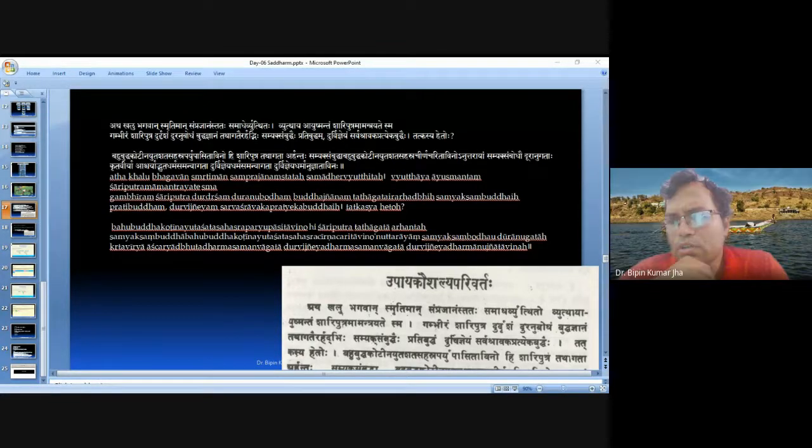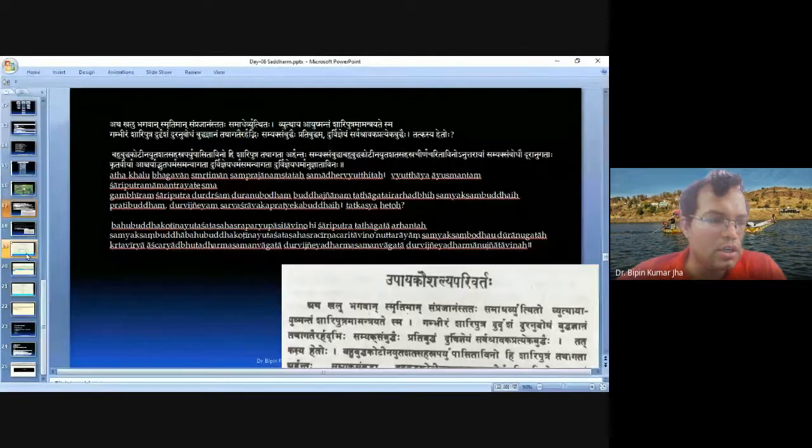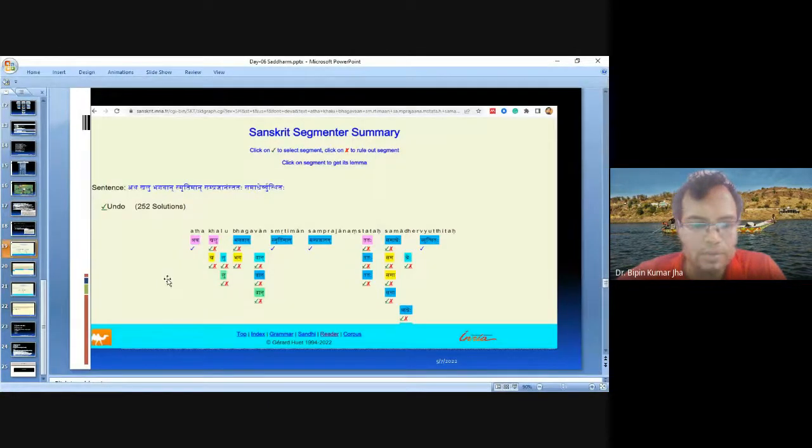Yes, I have given the URL of that website. You need to go to that URL, and in the bottom part of that web page you will see one term. I am showing it here, you can see in this slide: readers.